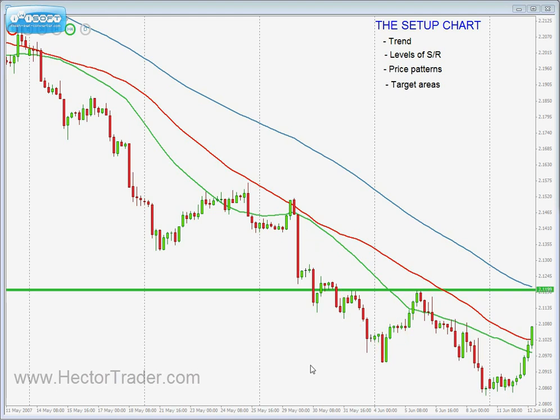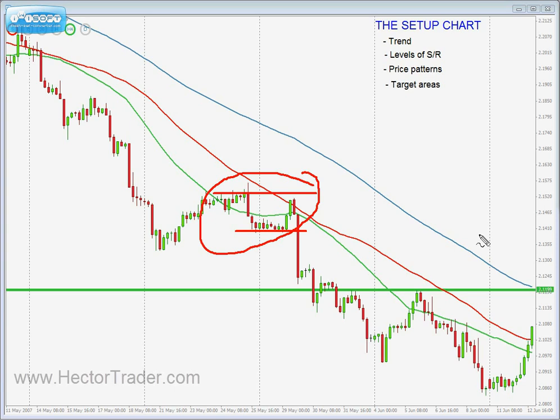Not the cleanest of all flag formations, but nonetheless you get the idea. Let's assume a triangle here, which is not the case, or let's say a range. This is not really a range, but anyway, let's assume for the sake of it, I would like to search for those formations on the setup chart.